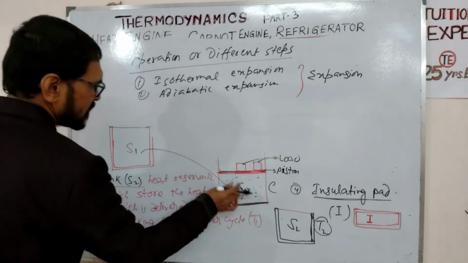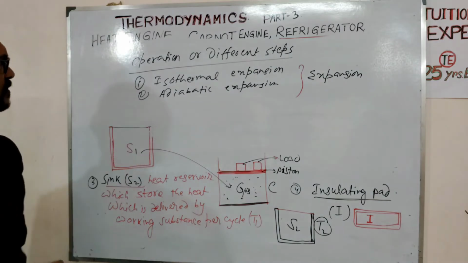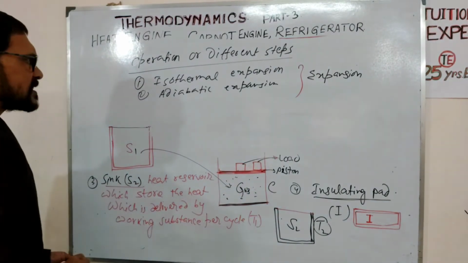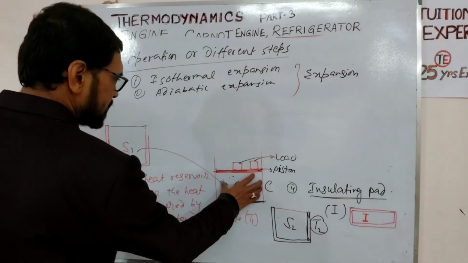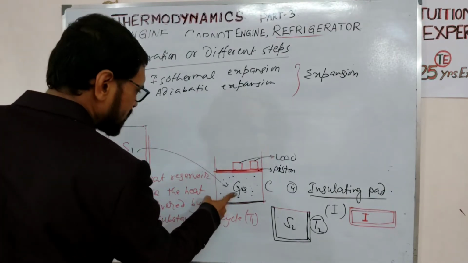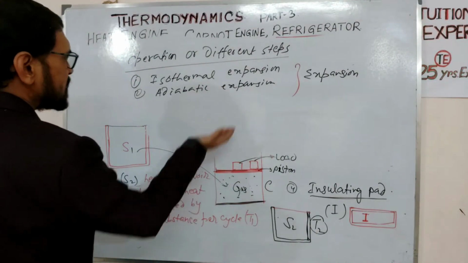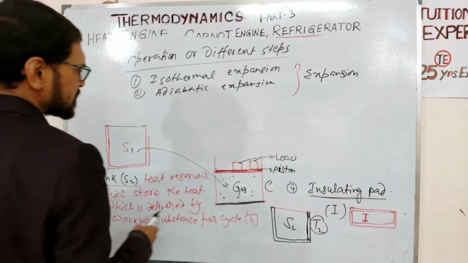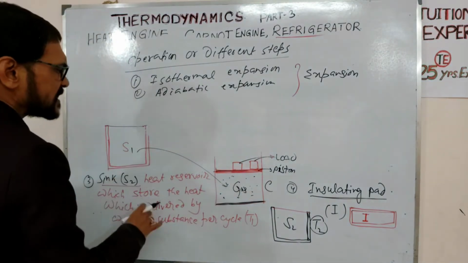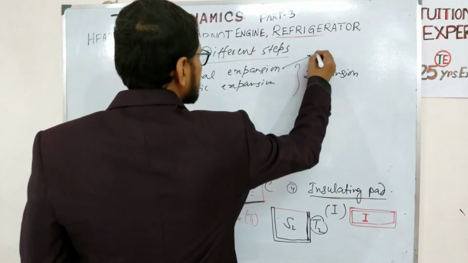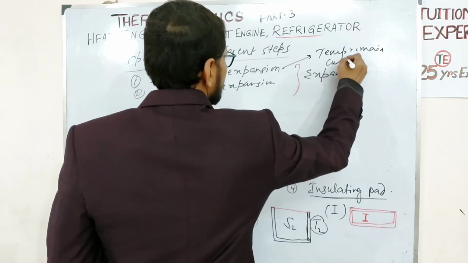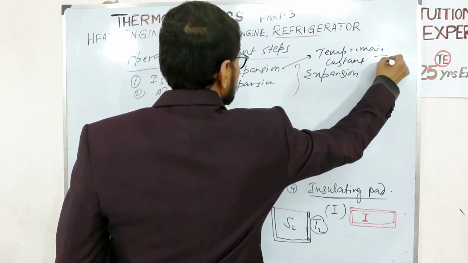Heat enters the gas, and the gas expands isothermally. As long as this cylinder is placed in the source, the temperature remains constant. Isothermal means temperature remains constant at T1. Suppose the temperature is T1.